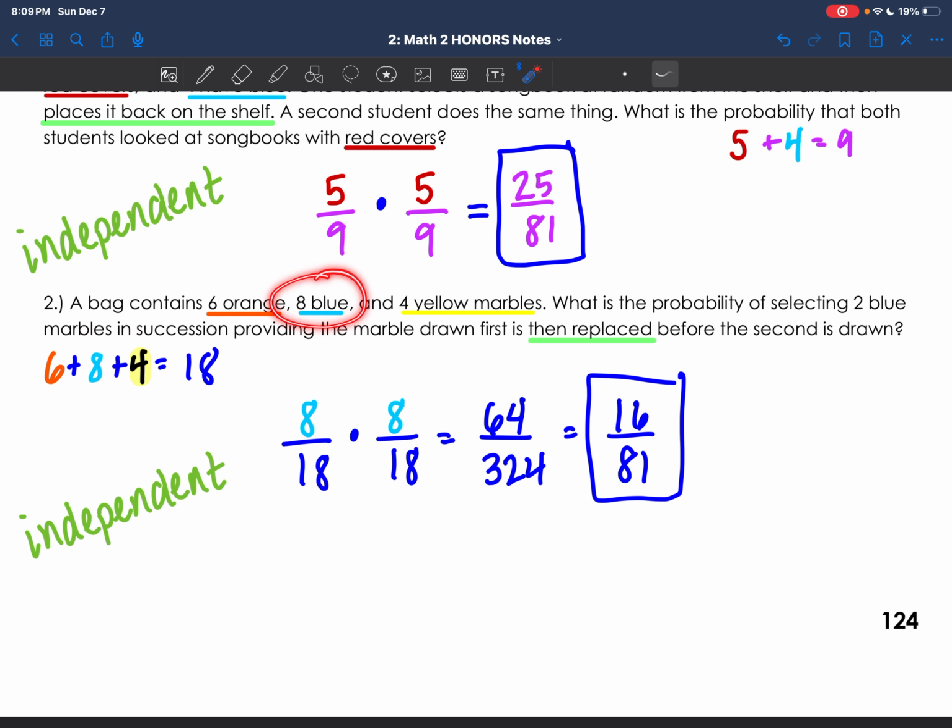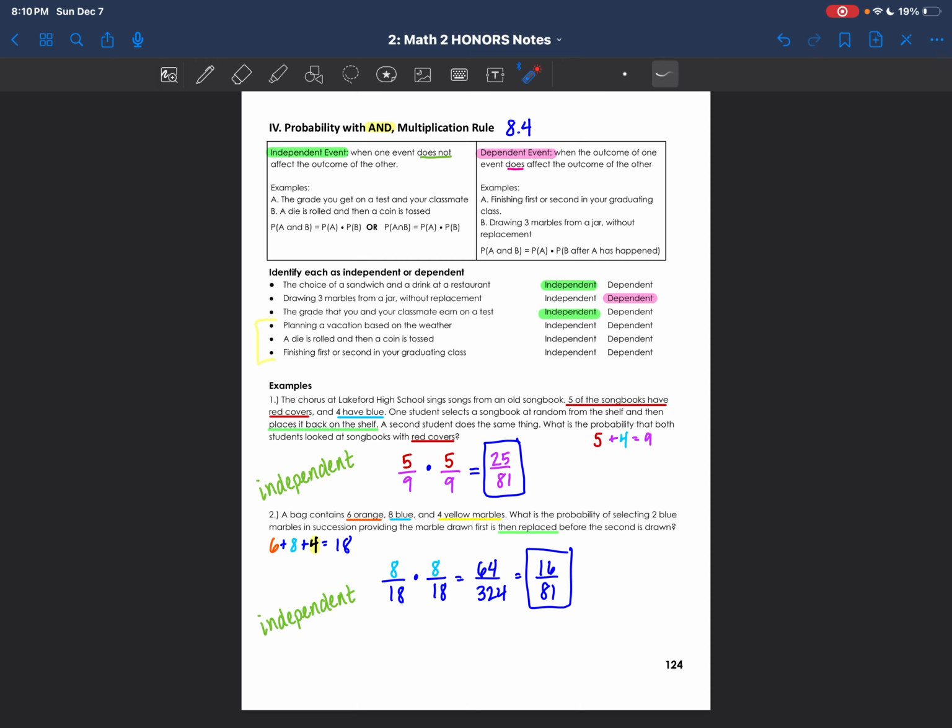So we have blue out of 18, and then a blue out of 18. So we have our 2 blues, which would be 64 over 324, and it simplifies to 16 over 81. Those are both independent events because they do not depend on the other. And if you notice, all we did was just multiply the probabilities.